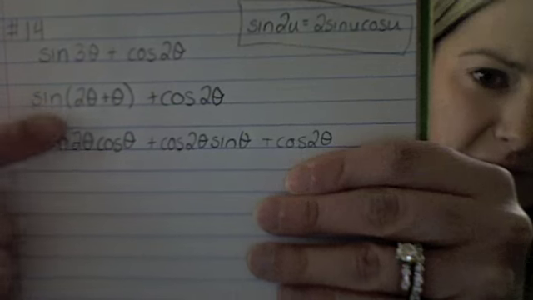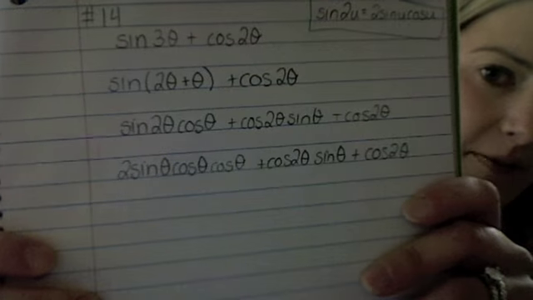So let's put that in for sine 2 theta right here. We're going to end up with 2 sine theta cosine theta, and then multiplying that by cosine theta, and then we have the rest, plus cosine 2 theta sine theta plus cosine 2 theta. All right? So that's where we are now.